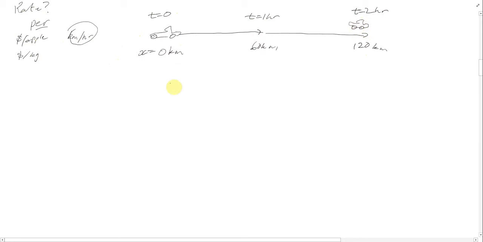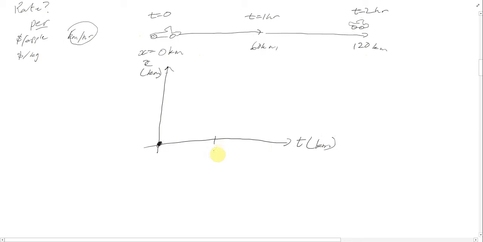Alright, so that's the situation. Let's draw that on a set of axes to investigate it further. So here we'll have time in hours along our horizontal axis, and we'll have distance in kilometers along our vertical axis. So when time is 0, they start at point 0, right here at the origin.